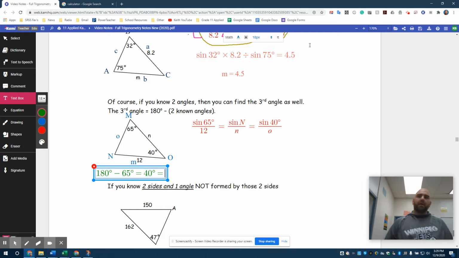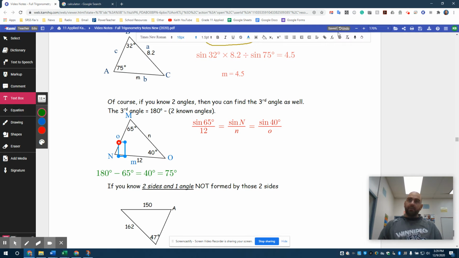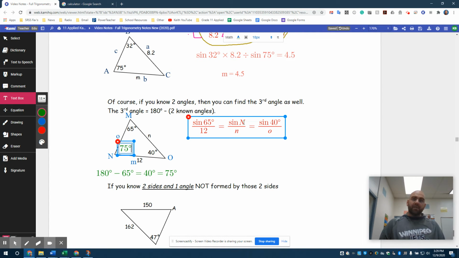And that third one is going to be, drum roll, any ideas? It's going to be 75 degrees. So when we subtract, we're just trying to find what that missing one is. So I can put that in here, and I'm going to write in 75 degrees. What that tells us then is that instead of N here, we can put in 75 degrees.